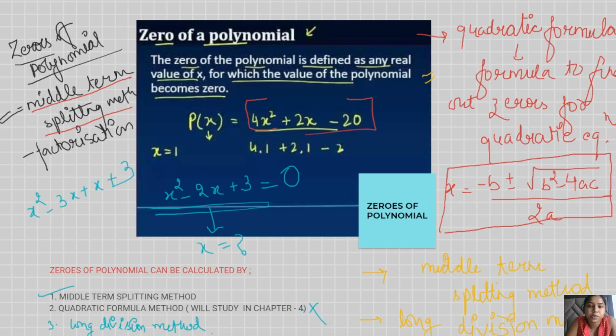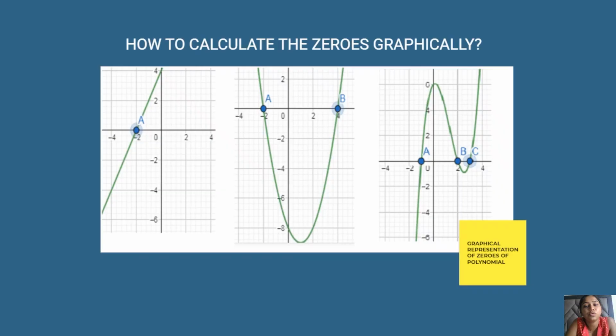Let's move forward to the next thing, how to calculate the zeros graphically. This is the easiest topic. Basically this is your first exercise for this chapter. You have to calculate the zeros of the three different graphs you can see here.